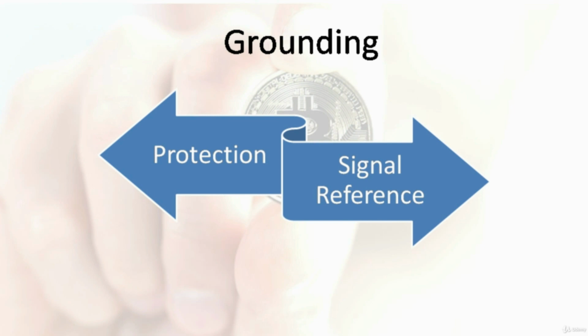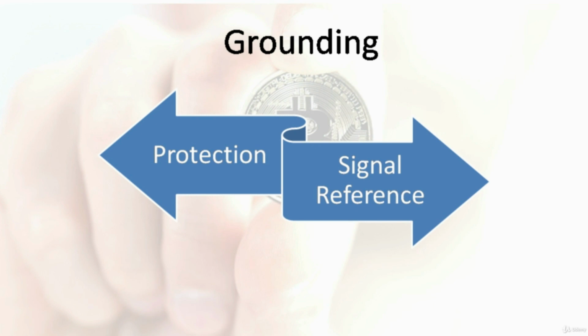The goal of having an electrical bonding system in the mining facility is due to 2 main reasons. The first one is to have protection against electrical hazards, like the one that I mentioned before, forming a conductive path to earth, and the second is using it as a signal reference for some equipment.